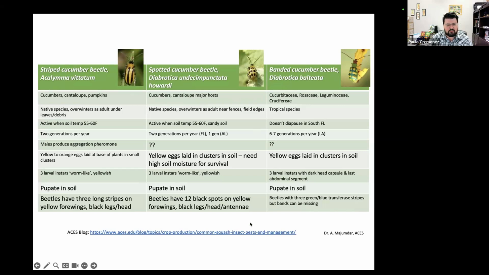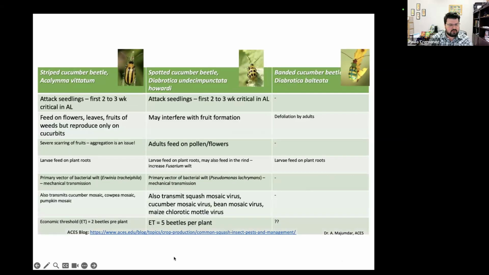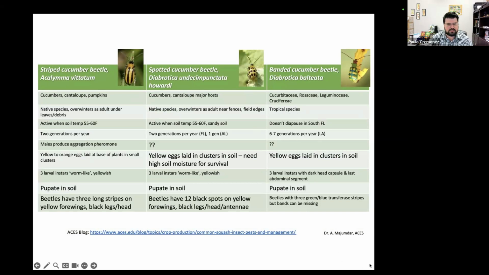So the first two are more present, but this one is also seen with some frequency. This material will also be shared with you, so you can take a screenshot if you want, but it's going to be shared with you as well. But basically to show the main characteristics of them.